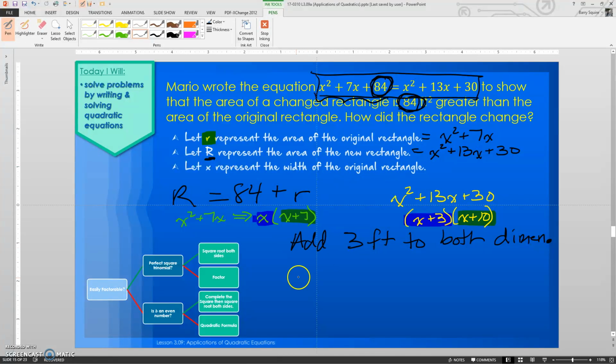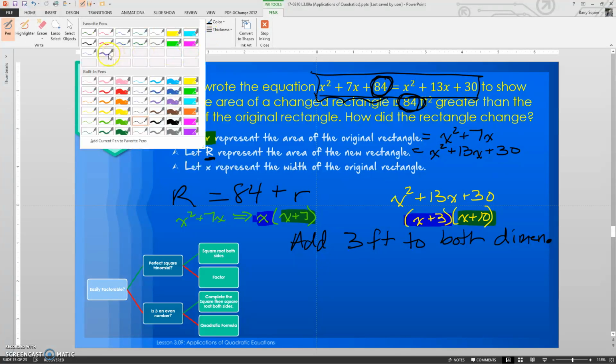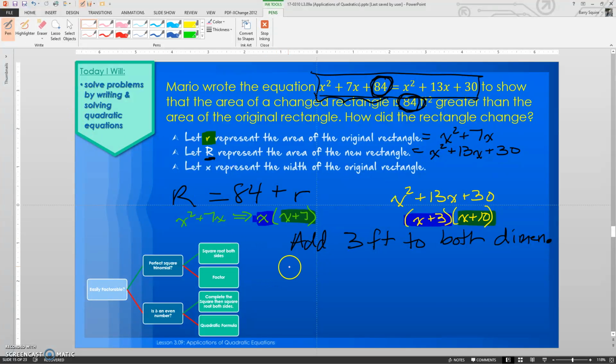Now it looks weird because we've got a quadratic on both sides, but it's not going to be nearly as bad as we think it is, because if we really look at this, x squared plus 7x plus 84 has to equal x squared plus 13x plus 30. Okay. And now we just want to get all of our terms over to one side.